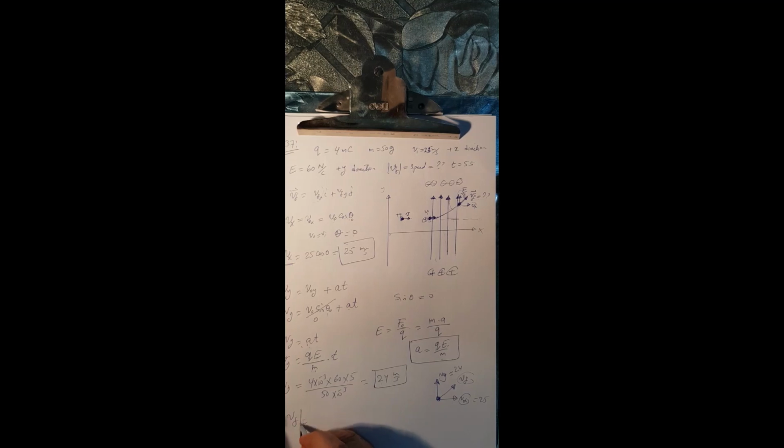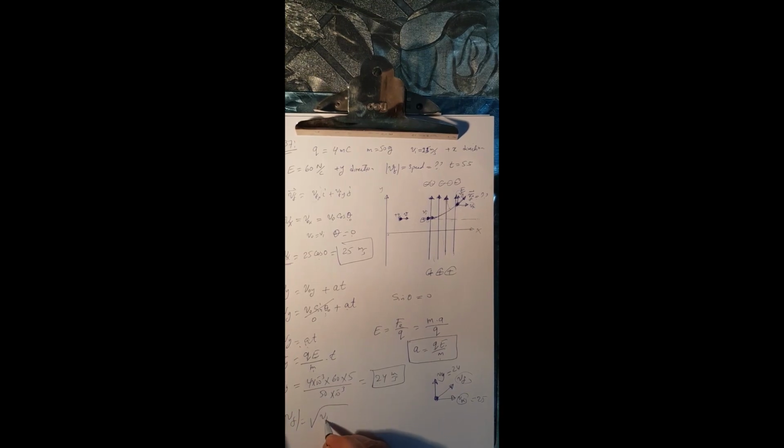It equals the square root of Vx squared plus Vy squared, 25 squared plus 24 squared, and that gives the value 34.65 meters per second. This is the final speed.